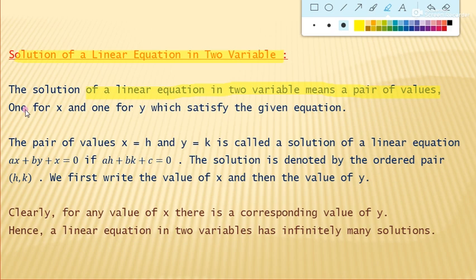A pair of values, one for x and one for y, which satisfy the equation. The pair of values x equal to h and y equal to k, where h and k are any integers, is called the solution of the linear equation ax plus by plus c is equal to 0.